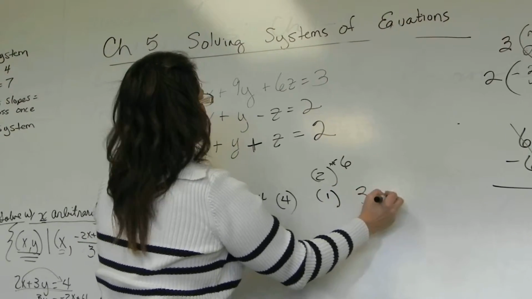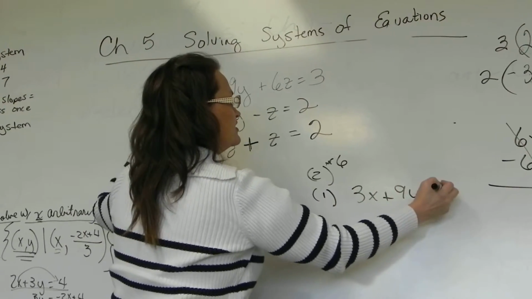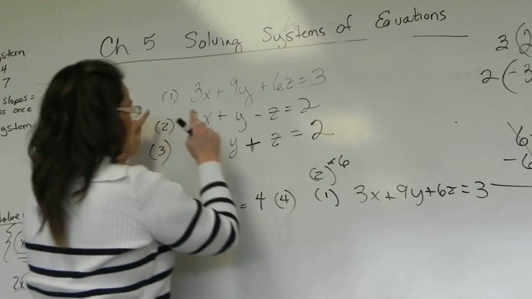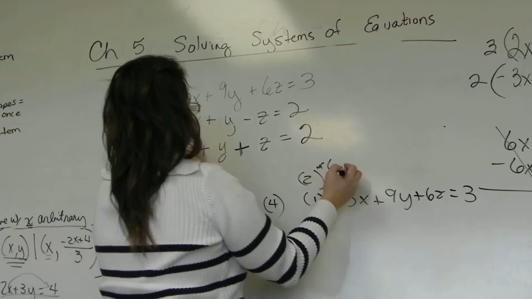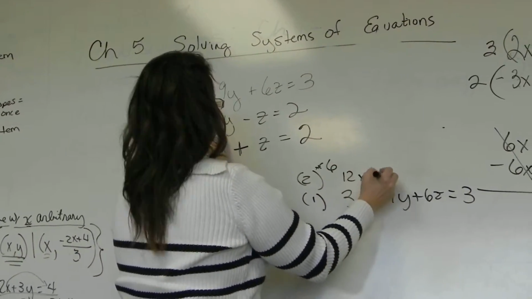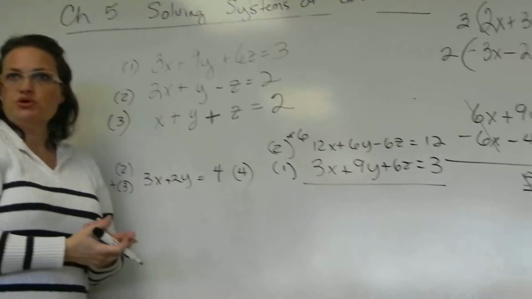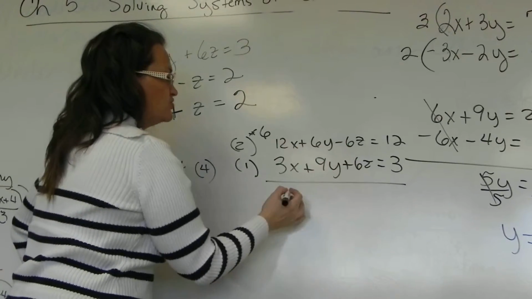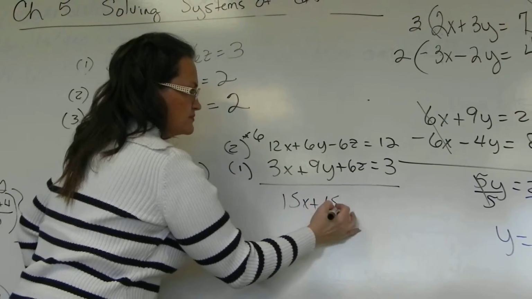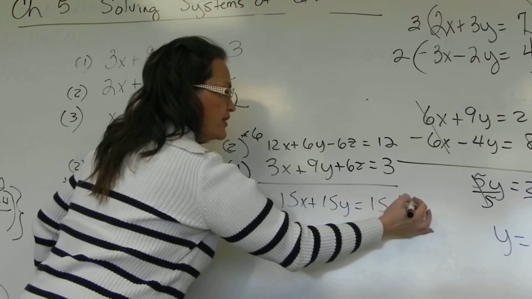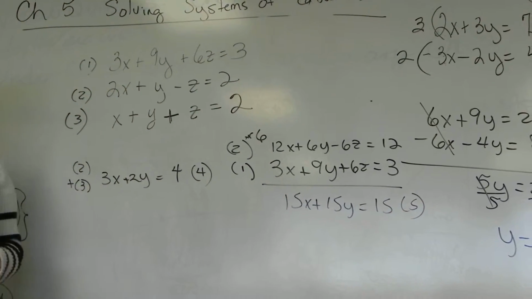So equation 1 didn't need anything done to it to get the z's to drop out if this one is times by 6. Now when I add those 2 equations together, the z's drop out again. And I'll call that equation 5.